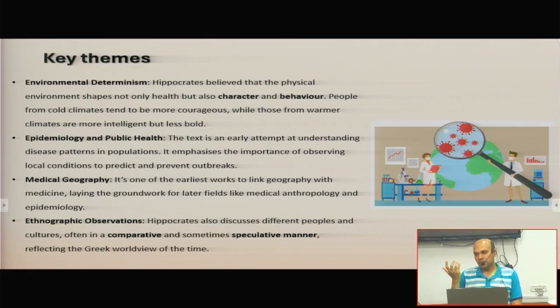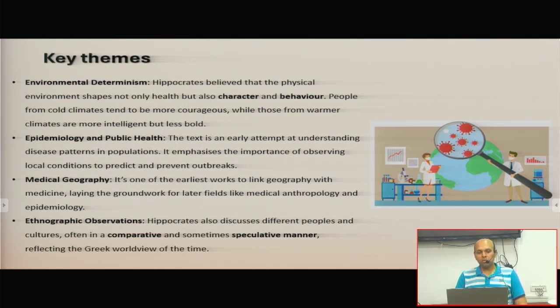For example, our physical structure and the structure of people elsewhere is not always the same. We are different, we have evolved in a different manner, but he is seeing everything from a very Greek view. That's why he is always comparing and speculating that maybe over here this thing or that thing.